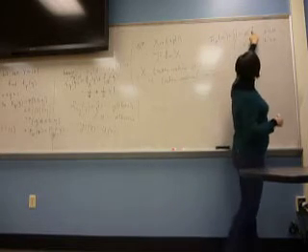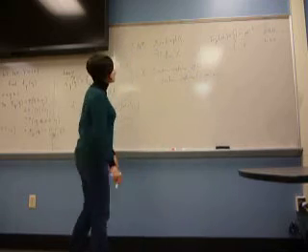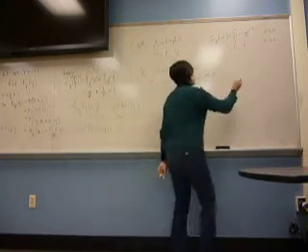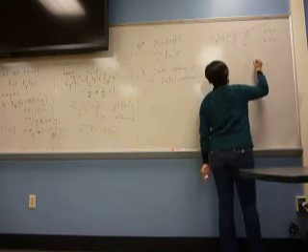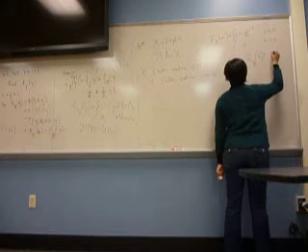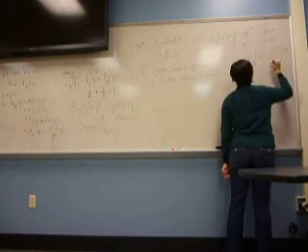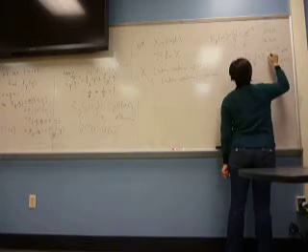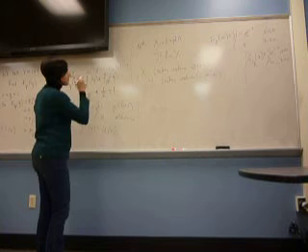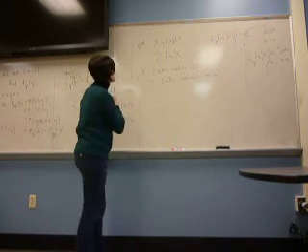If you want the density function, it looks like lambda e to the negative lambda x. But for the most part, I think we need only the distribution function for this.